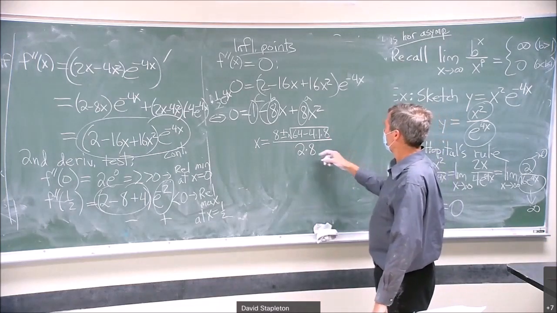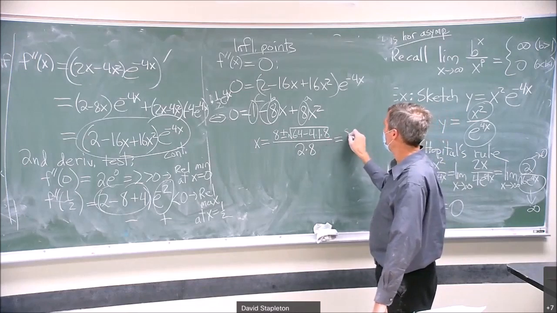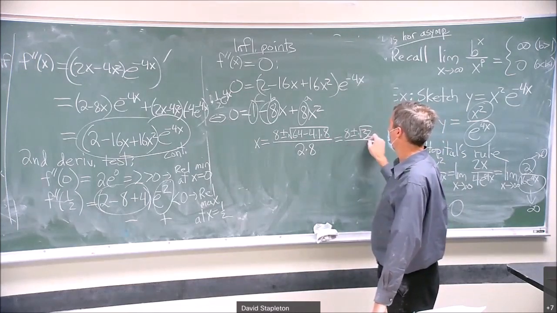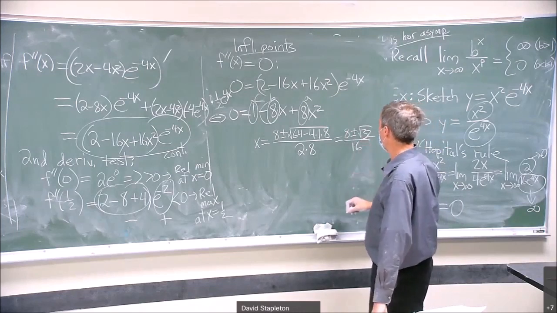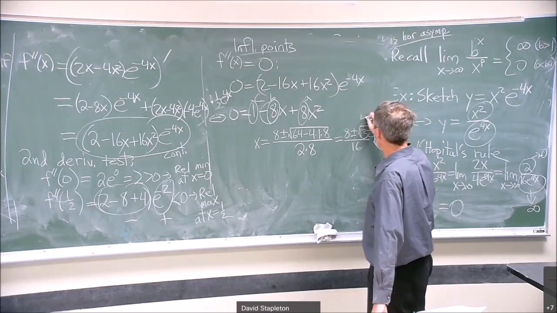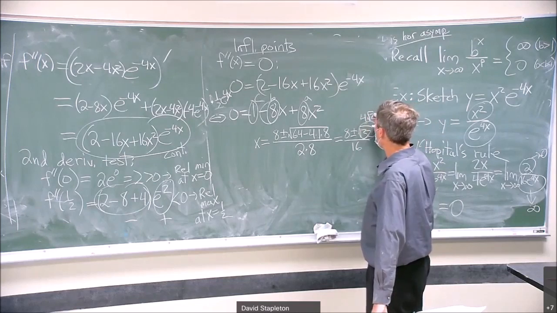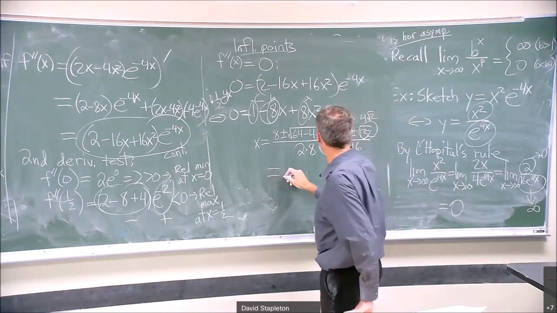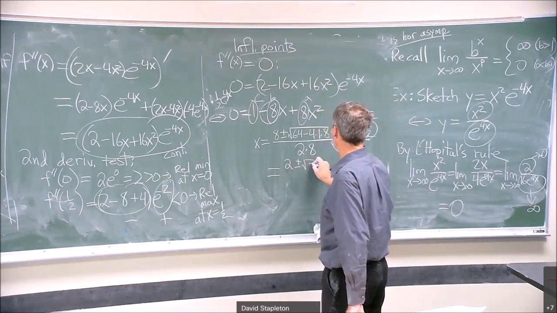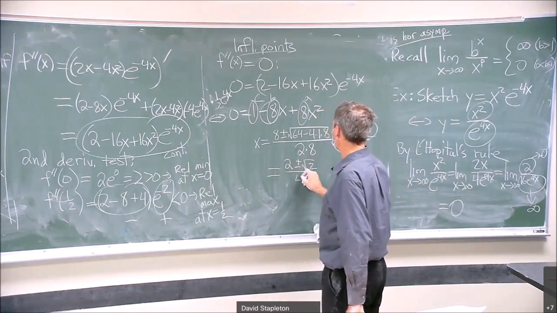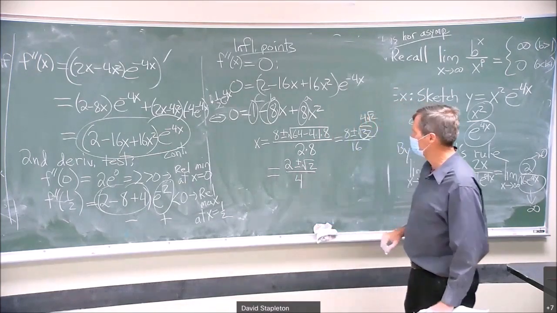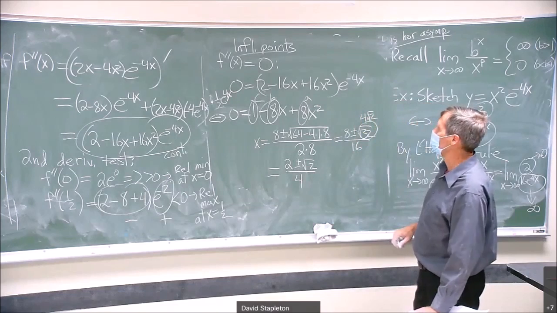So it's 8 plus or minus square root 32 all over 16. Well, square root of 32 is 4 square root 2, so we can divide this through by 4 and call this 2 plus or minus square root 2 all over 4. There it is. At those 2 points, we could get inflection points.